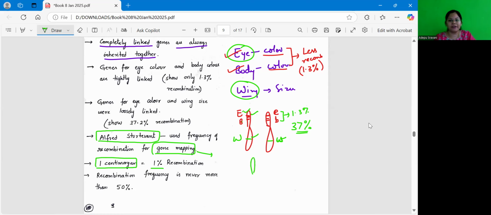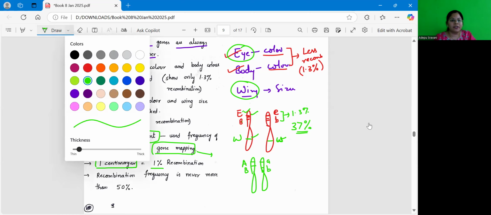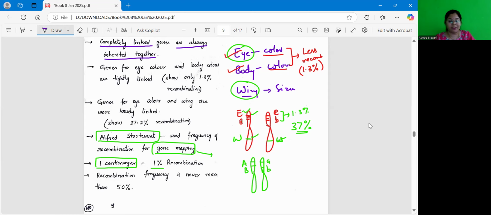It is like, let us take, this is the chromosome here. Okay, now this is gene A and this is gene B. Clear? Now, the recombination frequency means how frequently they are undergoing recombination, exchange of genetic material. That is, here we have small b and here we have capital B. So this is called exchange of genetic material.